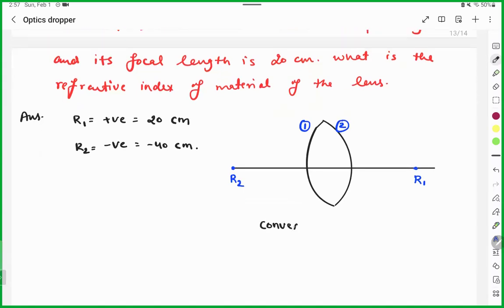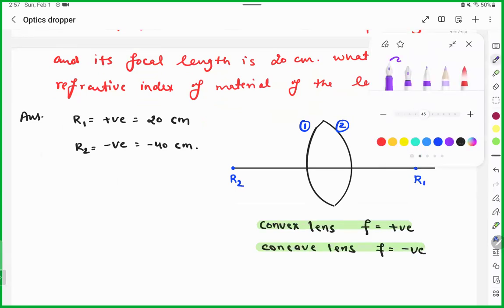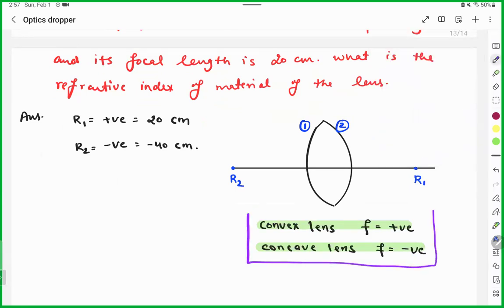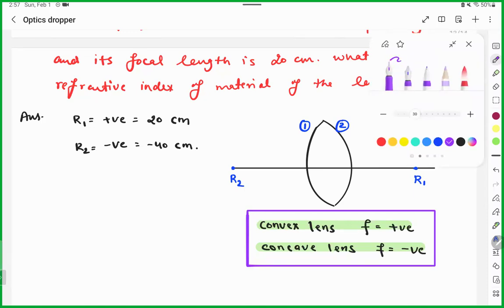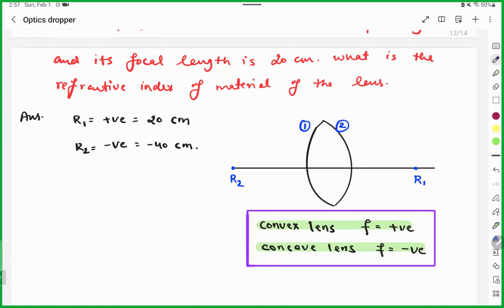For a convex lens, you will consider focal length as positive, and for a concave lens, you will consider focal length as negative. Very, very important. Convex lens and concave lens.